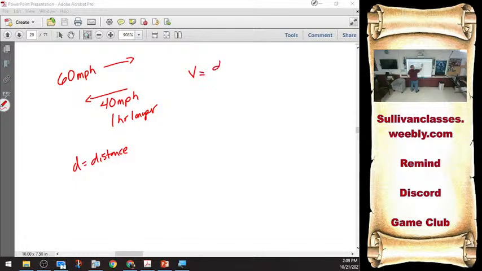Velocity is distance over time. So 60 miles an hour is whatever that distance was divided by, well, I don't know what that time was.